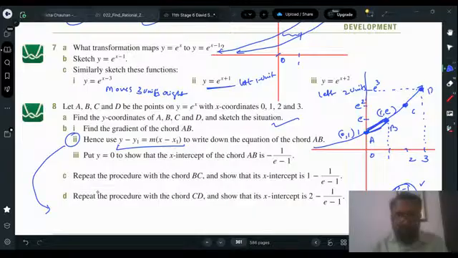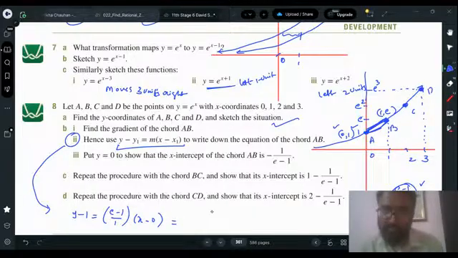You have to write down the equation: y minus 1 equals m into x minus 0, where m is e minus 1 by 1. This implies y minus 1 equals x into e minus 1.